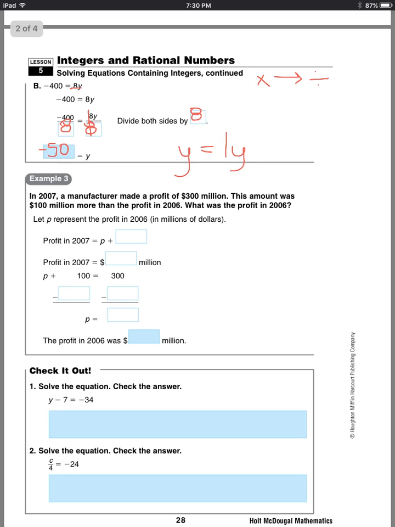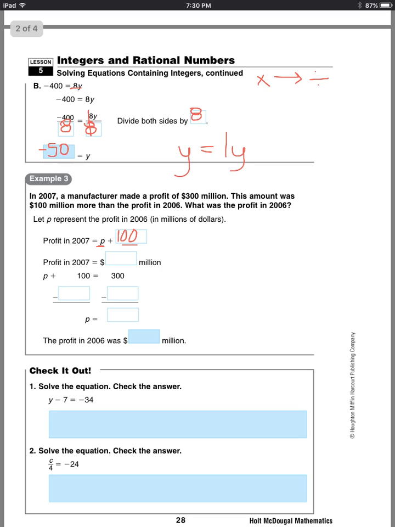Example 3. In 2007, a manufacturer made a profit of $300 million. This amount was $100 million more than the profit in 2006. What was the profit in 2006? So here we go. The profit in 2007 is P plus 100, because we have the profit of 2006 plus 100 million.